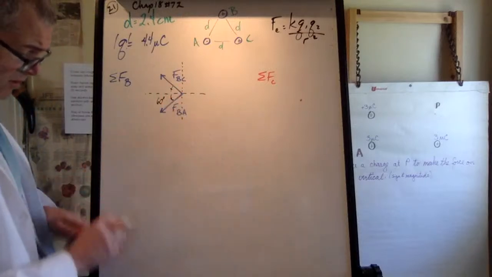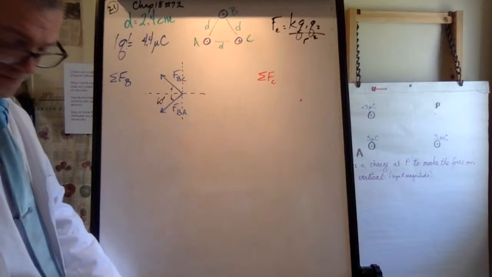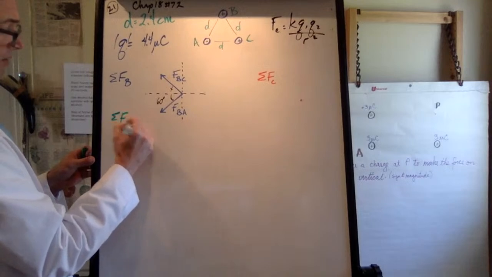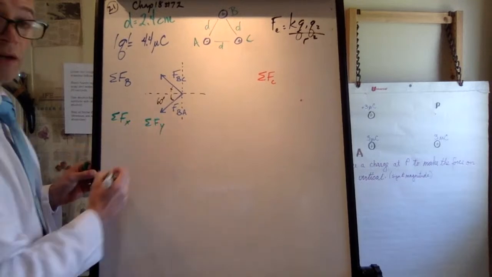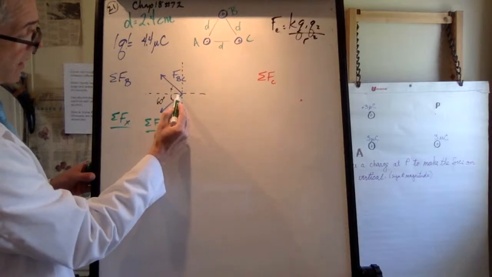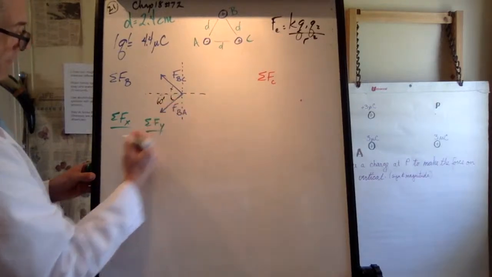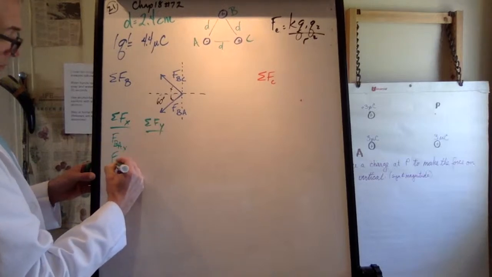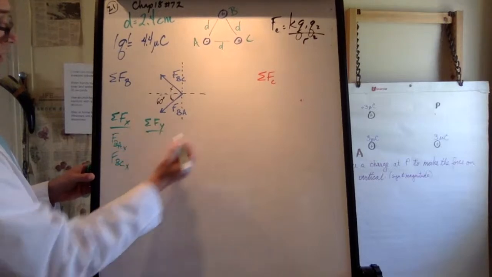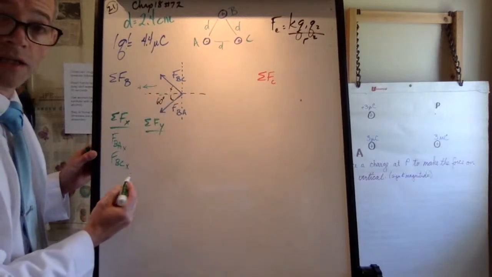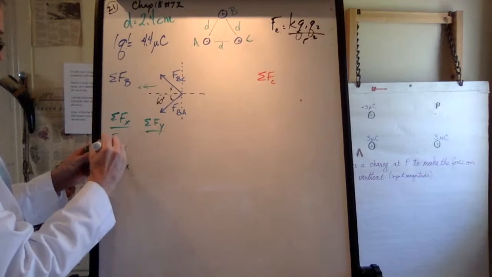And so now we can do the sum of the forces in the x direction and the sum of the forces in the y direction and work ourselves through there. So in the x direction, we have FBA in the x direction, FBC in the x direction. I'm going to make this way positive, just so these turn out to be positive.